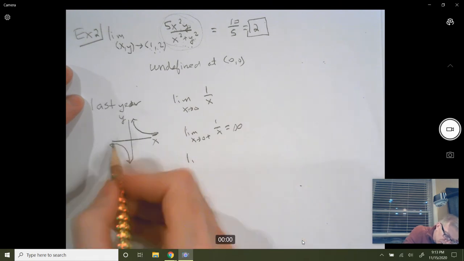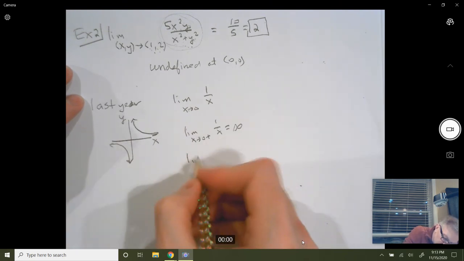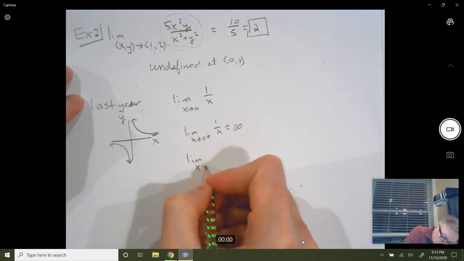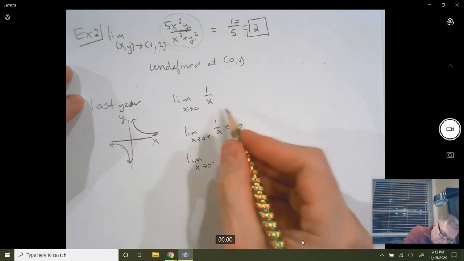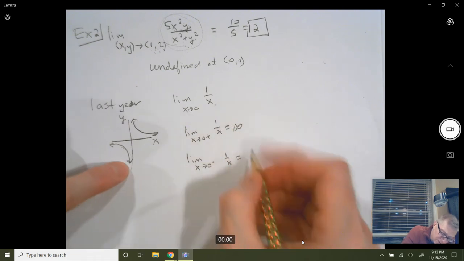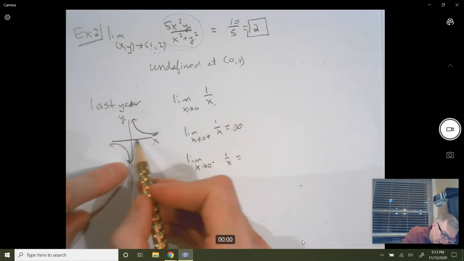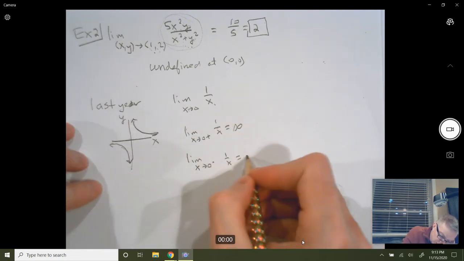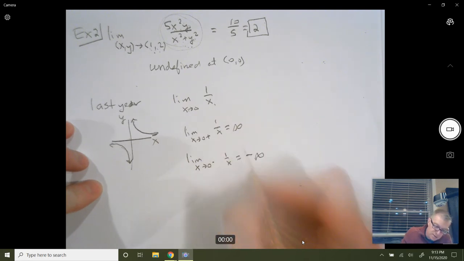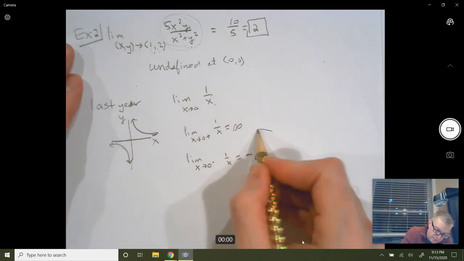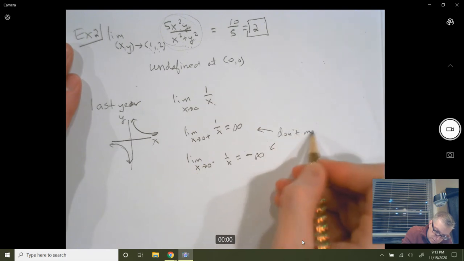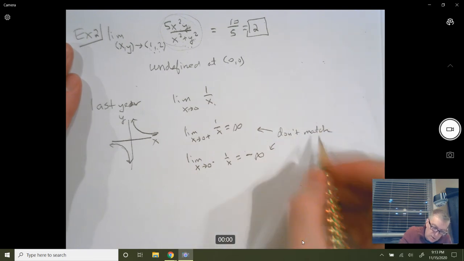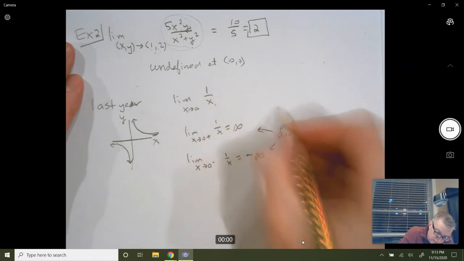As x approaches 0 from the left, the limit of 1 over x, we get negative infinity, okay, because we're going to get a negative huge number, negative infinity. Okay, the limit from the left doesn't equal the limit from the right. Don't match. Therefore, the limit does not exist.